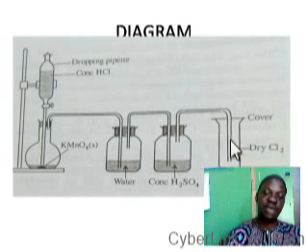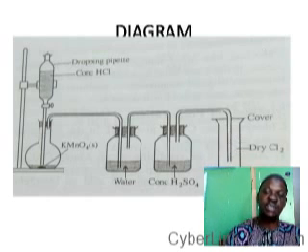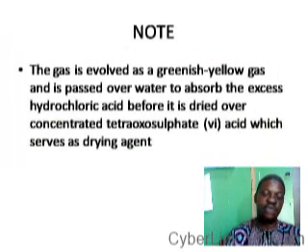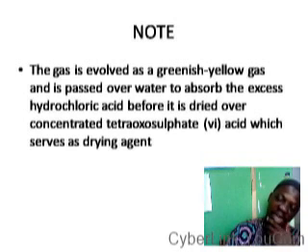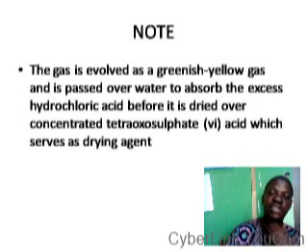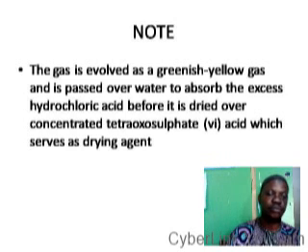Any gas that is collected by downward delivery, otherwise called upward displacement of air, is denser than air. If you determine the molecular mass of chlorine, you would discover that it is 71, far higher than that of air, showing that it is much denser than air.